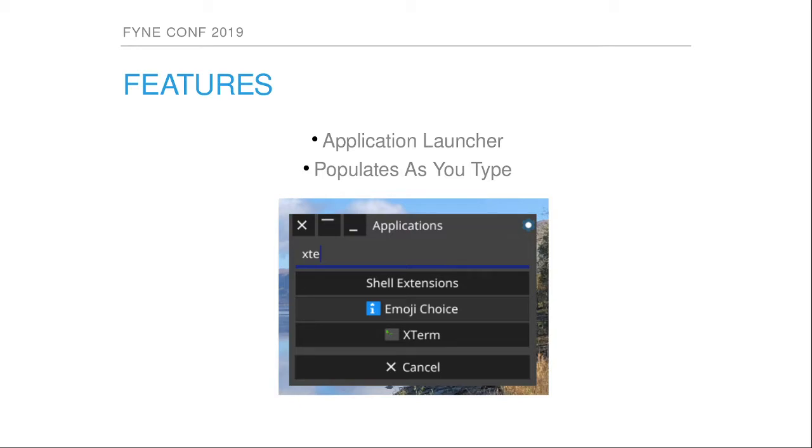And it matches on more than just the name of the application. It matches on descriptions, it matches on exec paths, that kind of thing. If there's any part of the application that matches what you're typing, it will populate here. And you can then click to open those applications. So really neat feature.